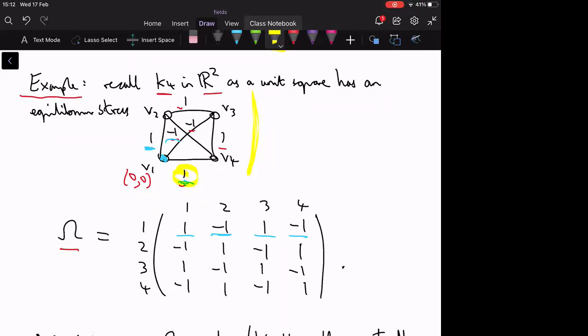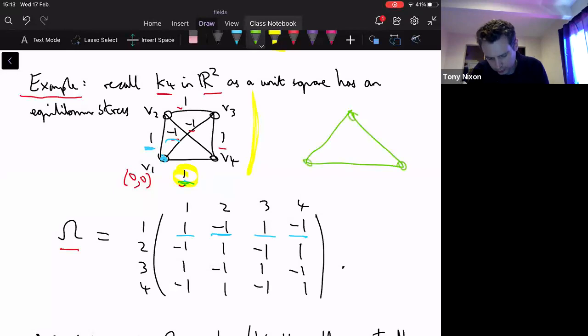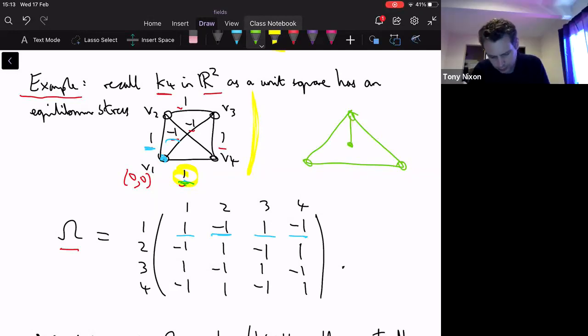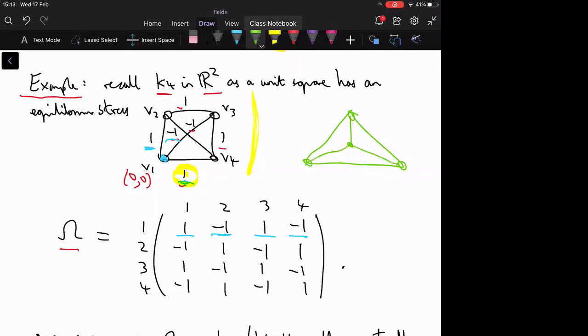Okay, and if we took a triangle and put a vertex in the center of the triangle and did this same graph, so a different realization. You want to take an arbitrary triangle and then do the same graph, but take V4 and put it in the center? Yeah. Now is there an equilibrium stress with a 0 diagonal?